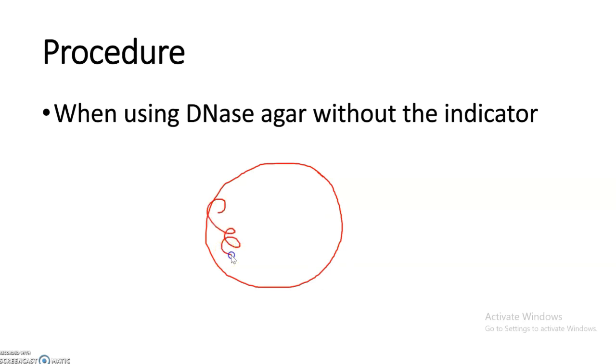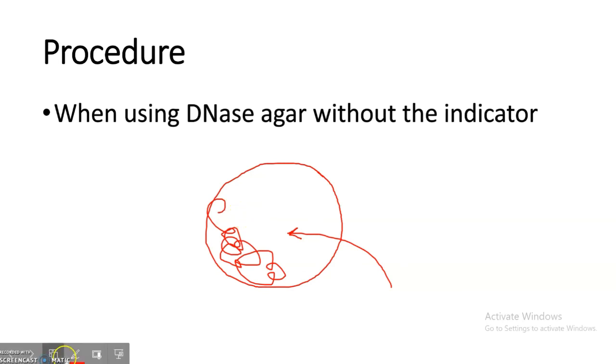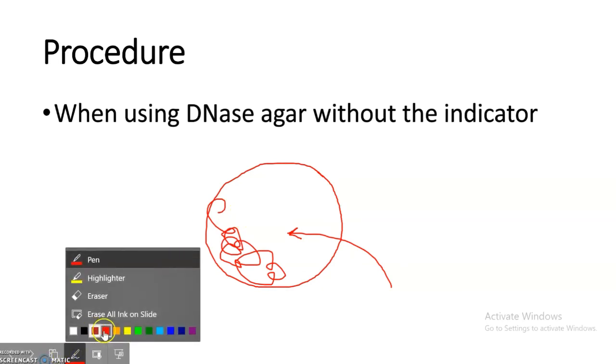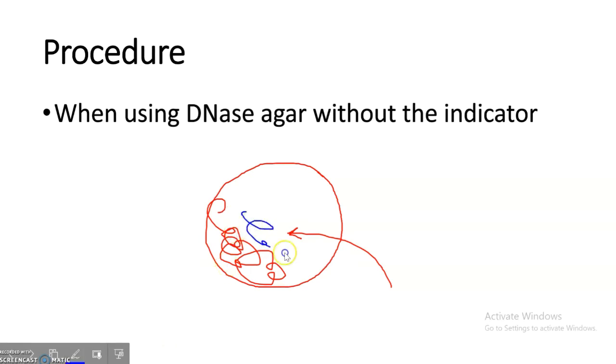After 24-hour incubation, when bacteria have grown on it, you have to flood the plate with HCl and leave the plate to stand for a few minutes to allow the reagent to absorb into the plate.